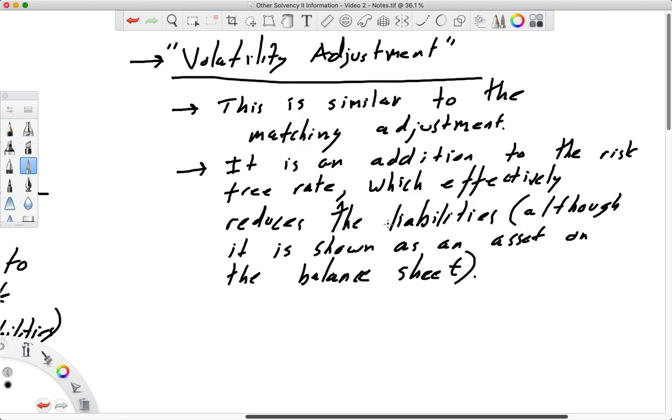So in the same way as with the matching adjustment, you're adding something onto the risk-free rate in order to discount your liabilities more.